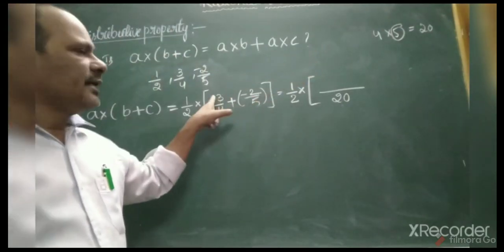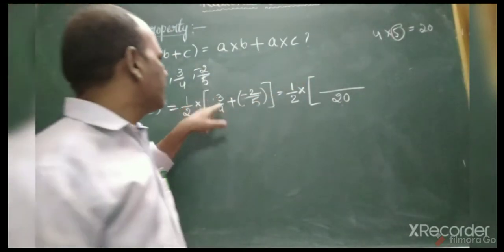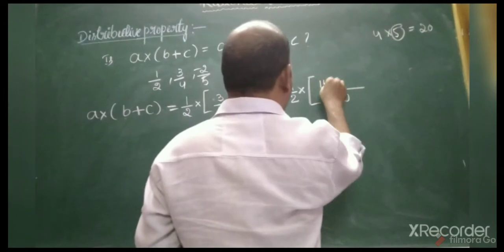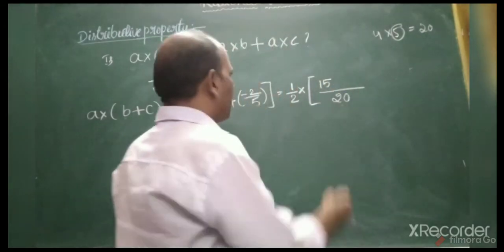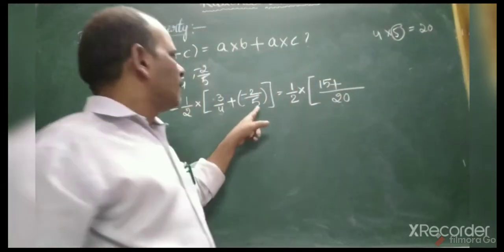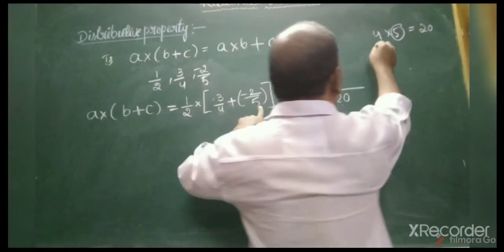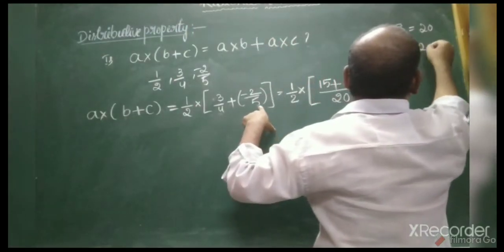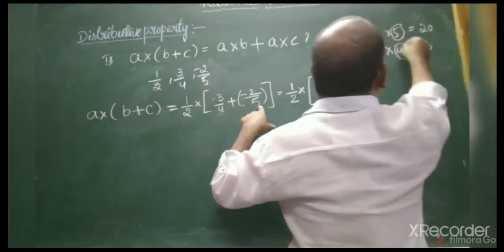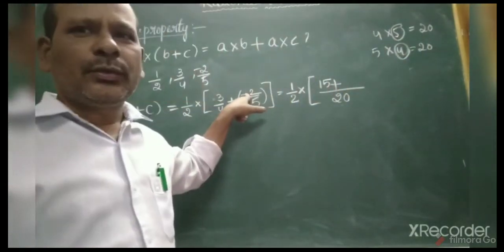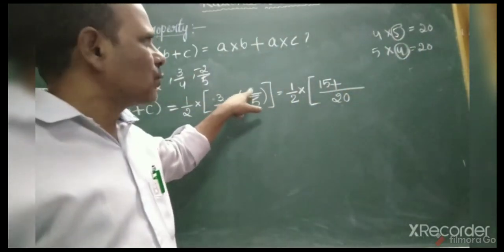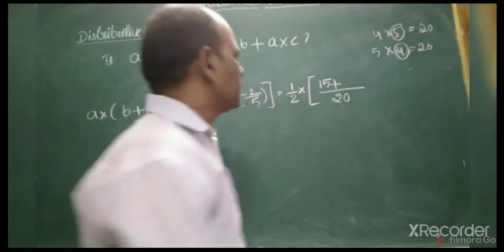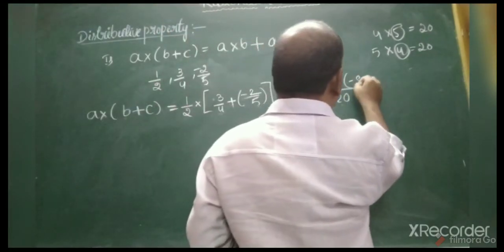That 5 and its corresponding numerator 5 and 3, 15, plus 5 in 20, 5 and 20, how many times? 4 times. That 4 into this corresponding numerator, that is minus 2, 4 into minus 2, that is minus 8.